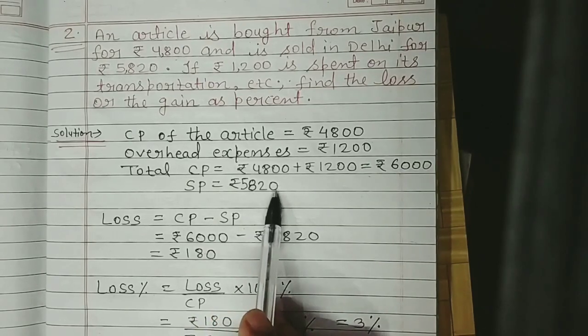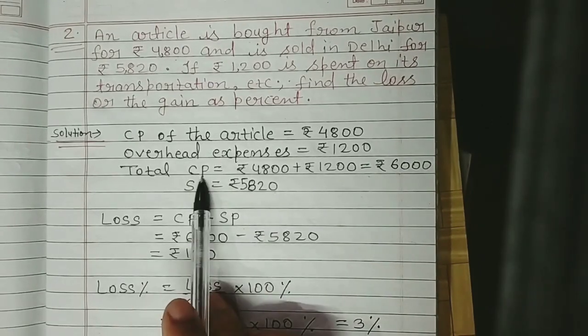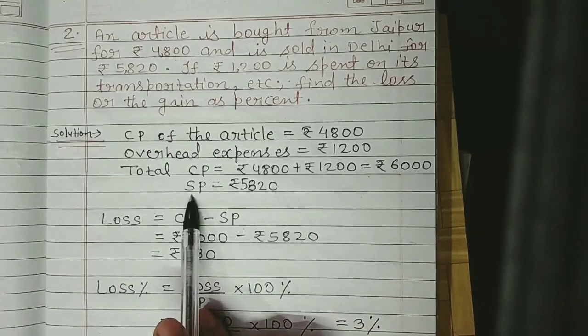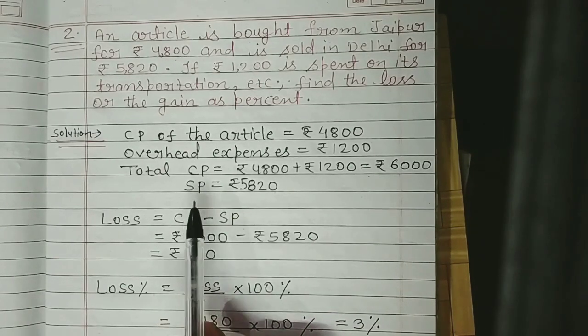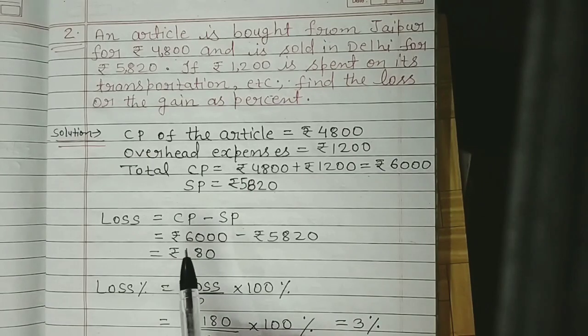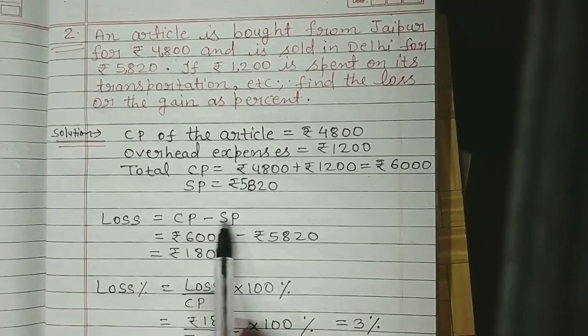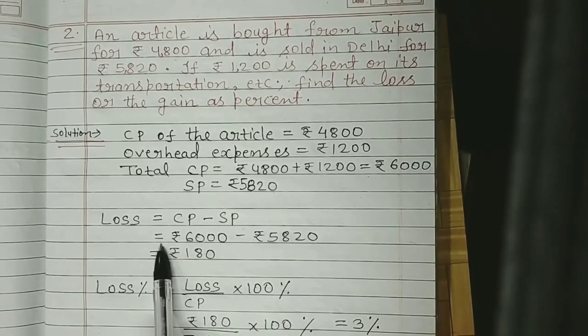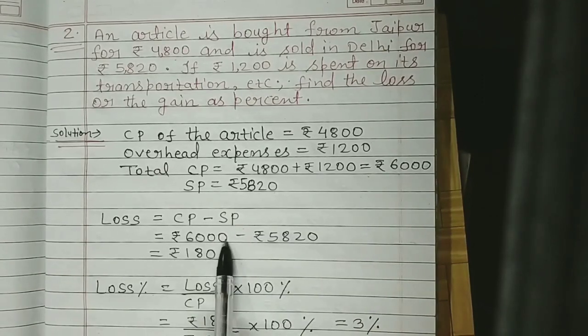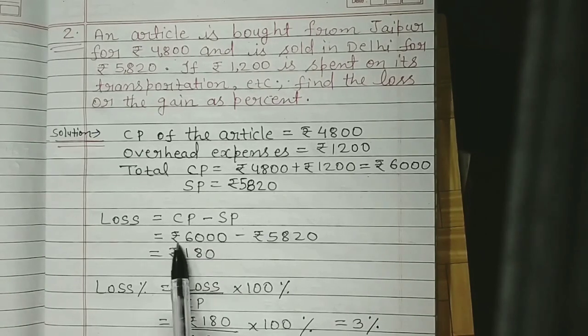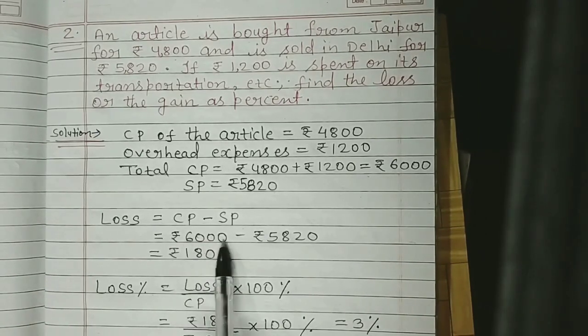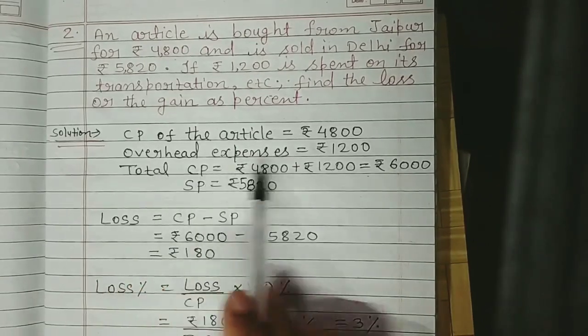So here the total CP is greater than this SP. So here there is a loss. So I have written here loss equal to CP minus SP, and it is equal to rupees 6,000. I have written rupees 6,000 in place of this CP, and this rupees 6,000 is total CP.